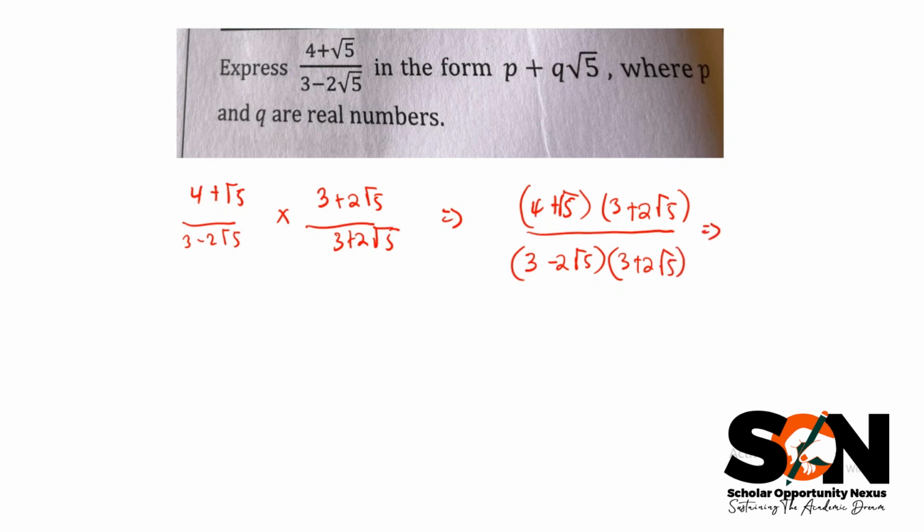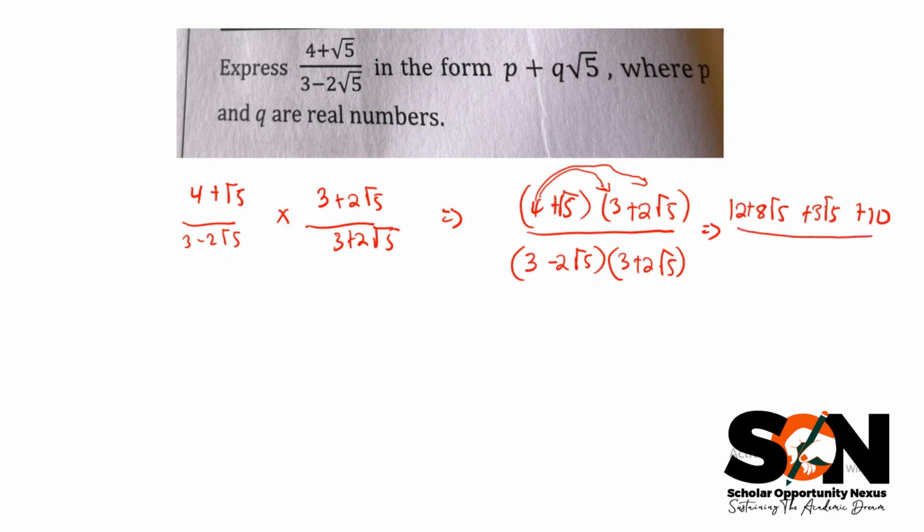This should give us, so I'm going to do that multiplication, 12. This will multiply this and multiply that. So we have 12, and then the next one is plus 8 square root of 5. Then we have plus 3 square root of 5. Then the next one is plus 2 times 5, that will give you 10.